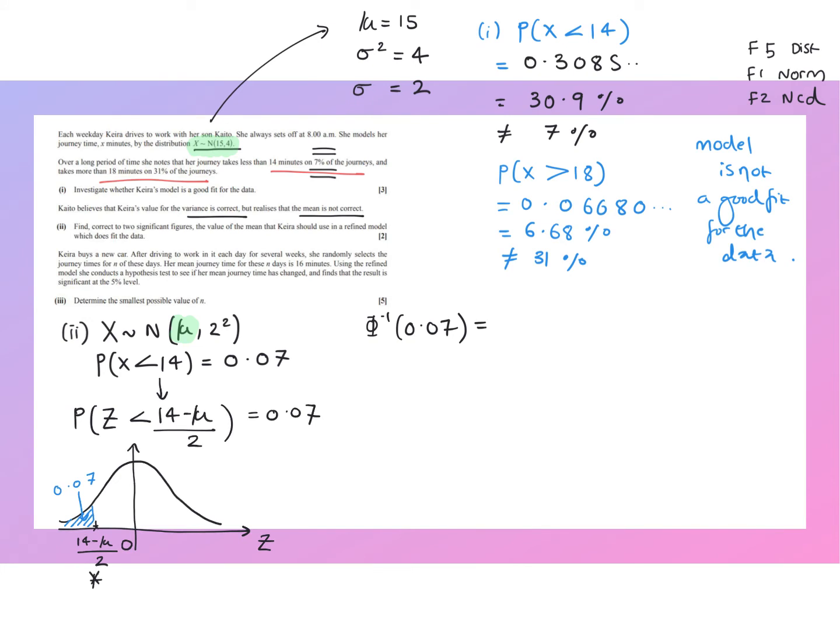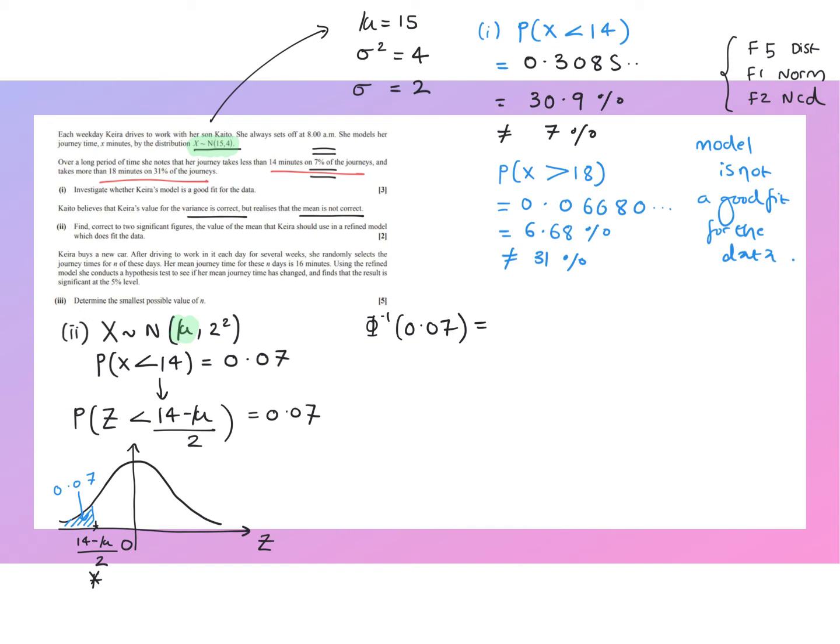On the calculator, in statistics mode, from distribution and normal, we need to pick the inverse normal, which is F3. Following the instructions as before, the data is set at variable. The tail is the left-hand tail, and you can see it's on the left-hand side.